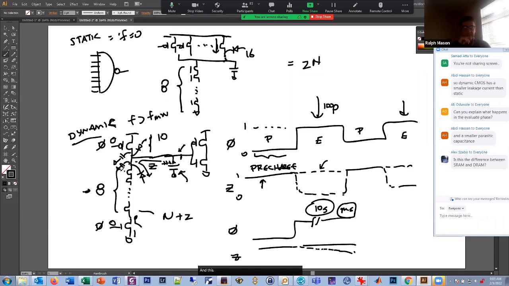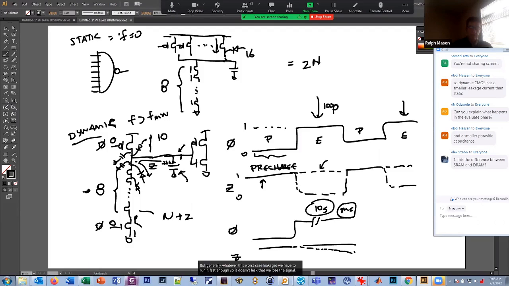Technically, depending on how many of these gates you turn on, there could be more leakage from internal nodes in here as well, depending on the logic value of these 8 inputs. That's true. But generally, whatever this worst case leakage is, we have to run it fast enough so we don't lose the signal. Right. Okay.